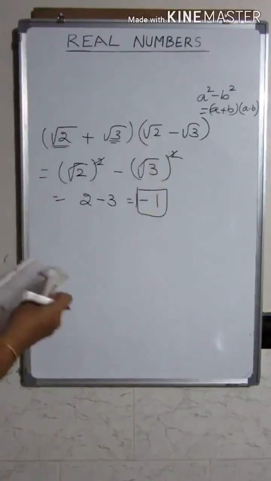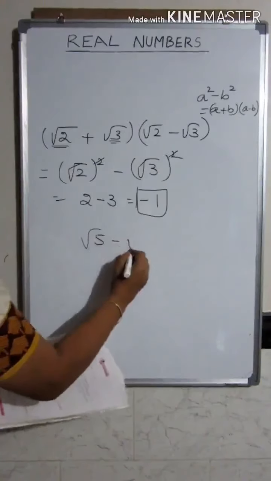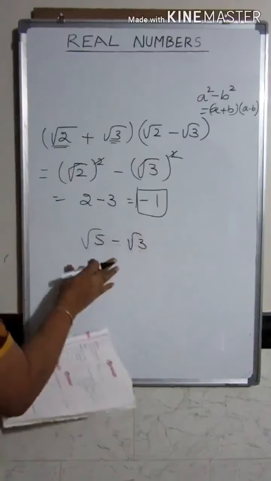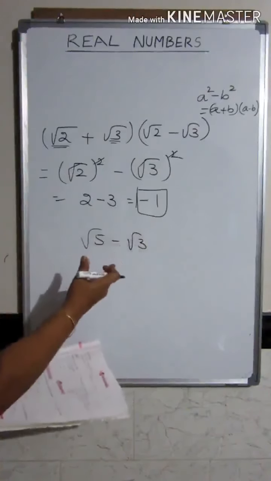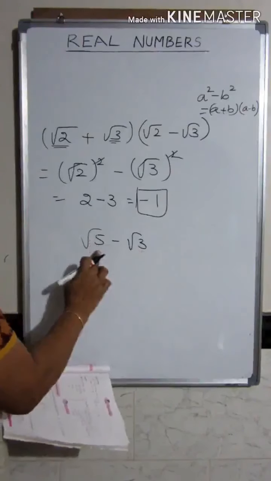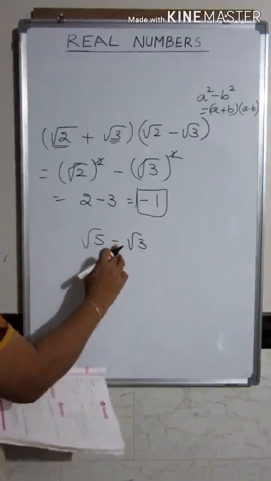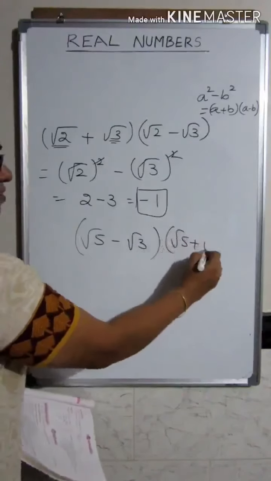Now one more example: root 5 minus root 3. To find the rationalizing factor, or conjugate surd, write the same terms and only change the sign. So the conjugate surd of this will be root 5 plus root 3.